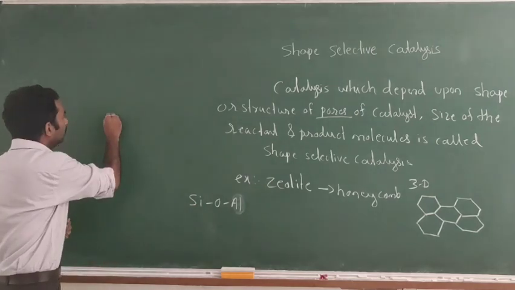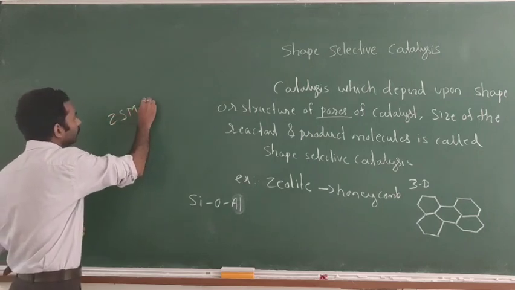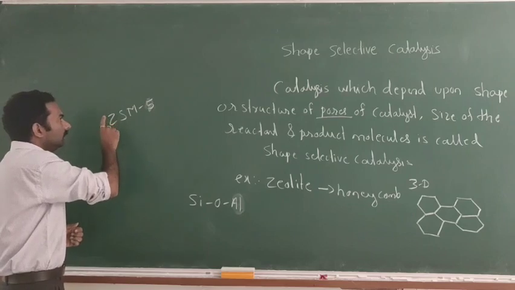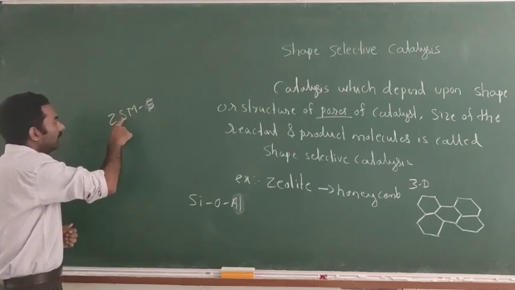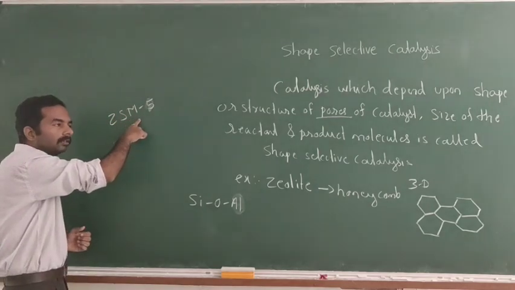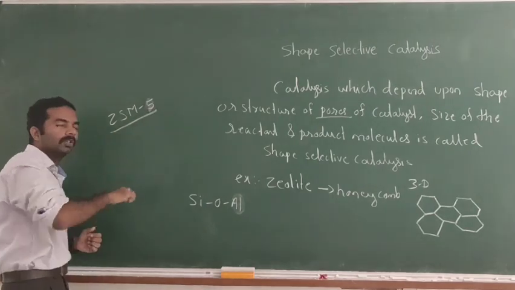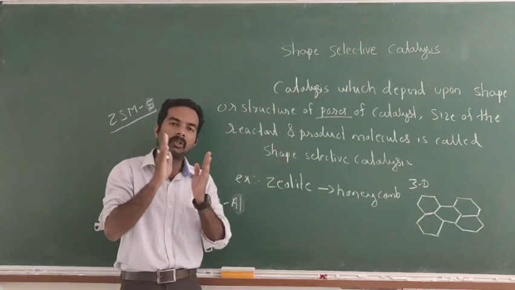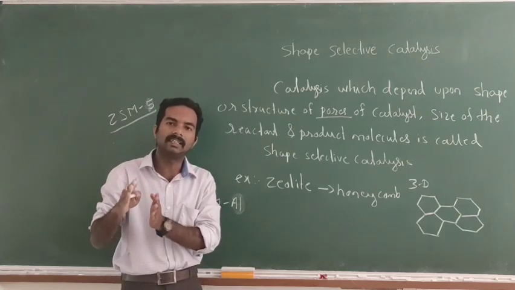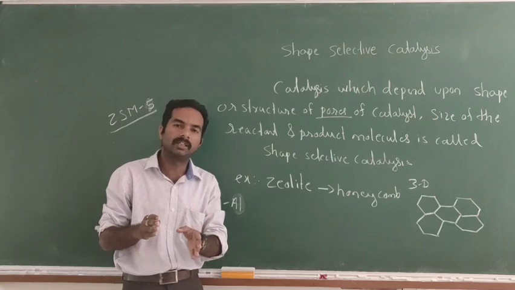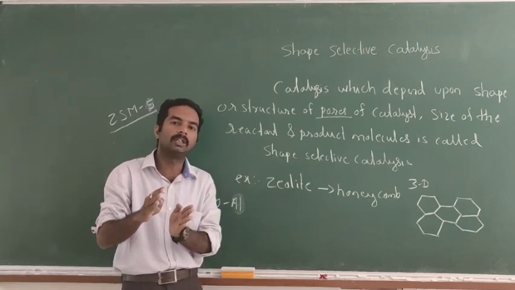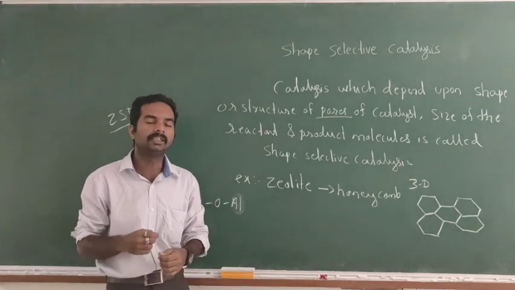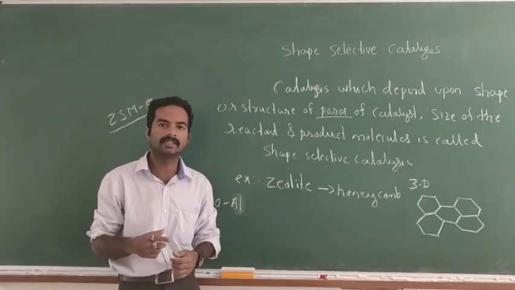So for example, ZSM-5 is a zeolite. So here these zeolites are used for the conversion of alcohol directly into gasoline, means the conversion of alcohol into petrol. So here this is about the shape selective catalysis.